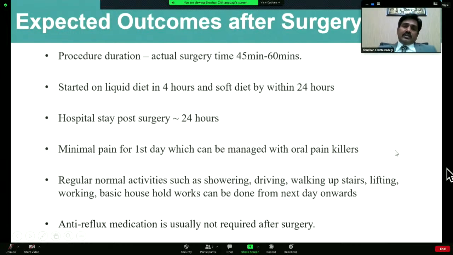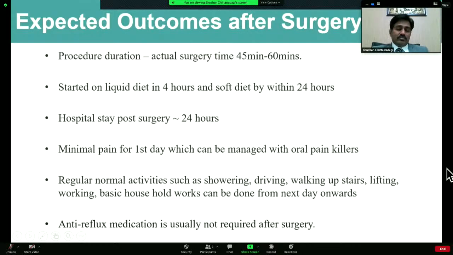So what is expected after surgery? This surgery will take approximately 45 to 60 minutes, not more than that, if you do it in a good center. You will be started on liquids the same day, approximately 4 hours once you are out of anesthesia, and on soft diets within 24 hours.